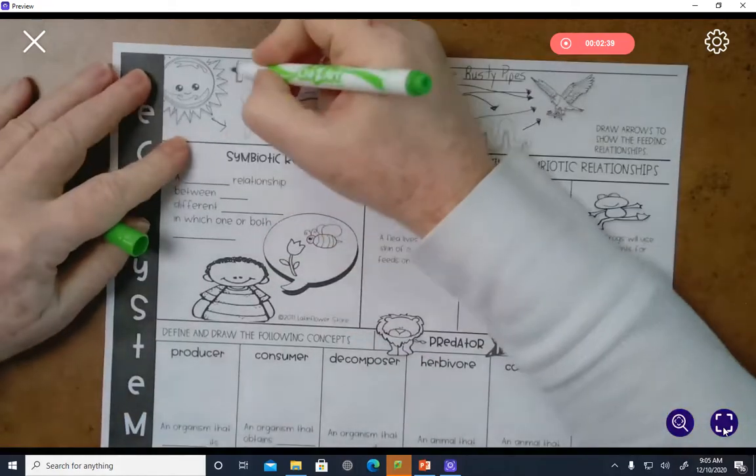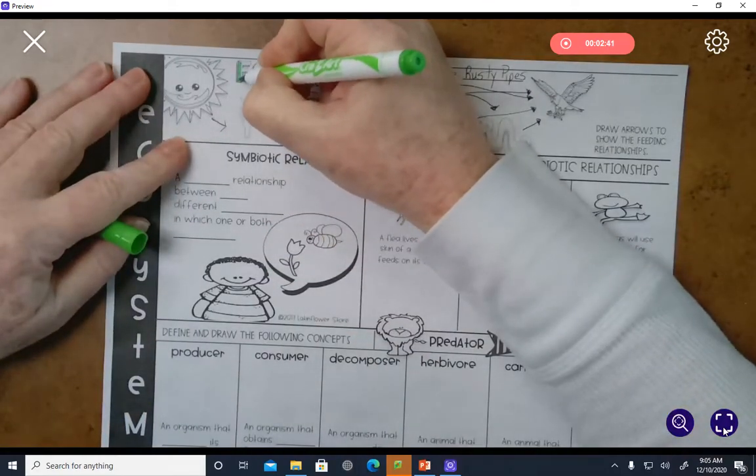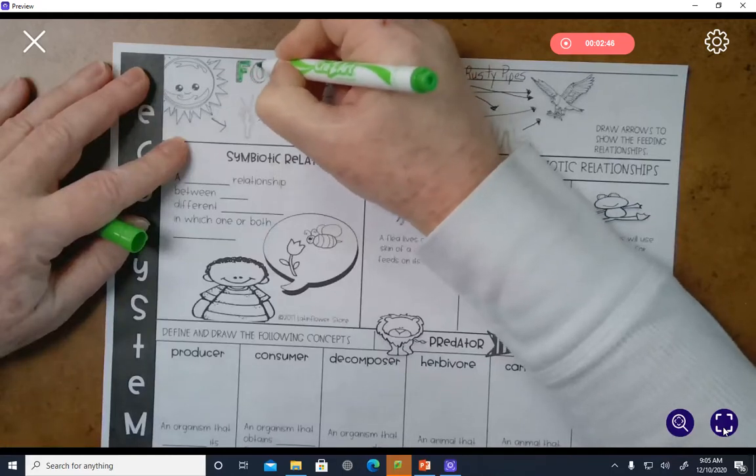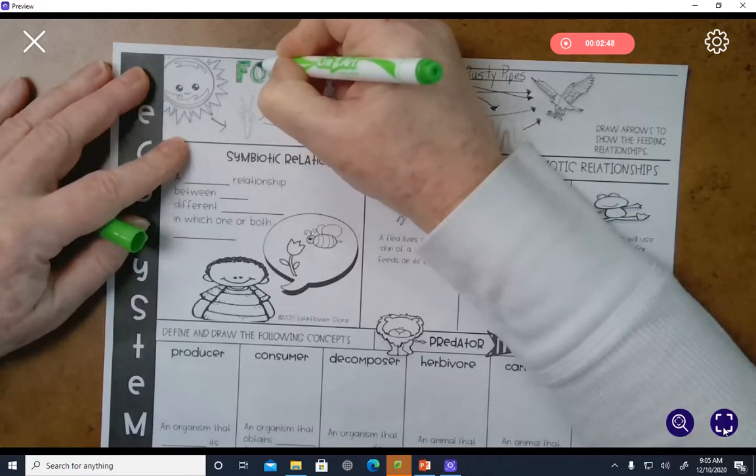I am going to go back and just to make this a little bit more interesting to look at, I'm going to go ahead and add some color.